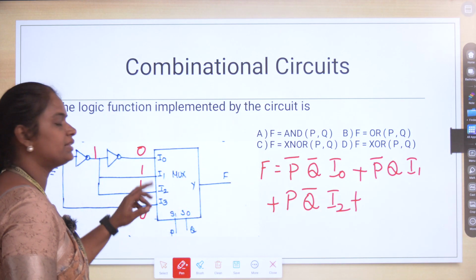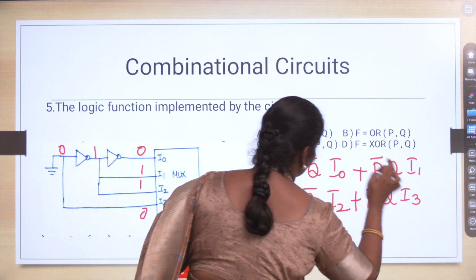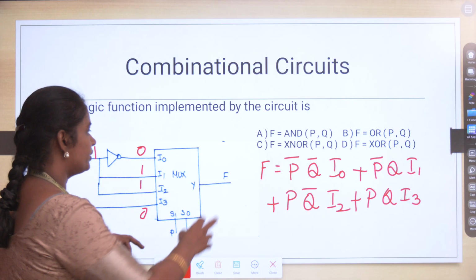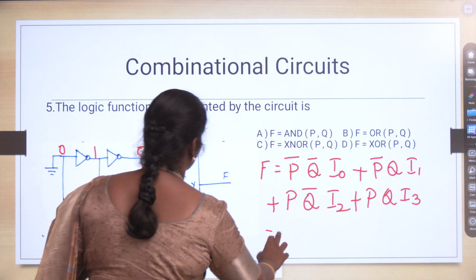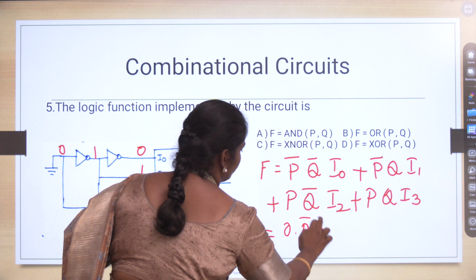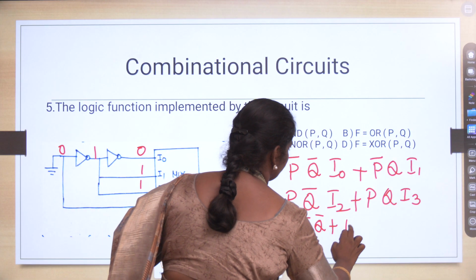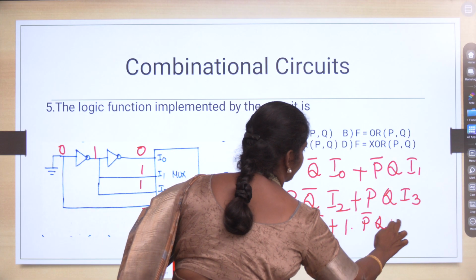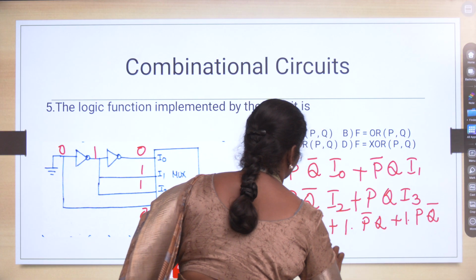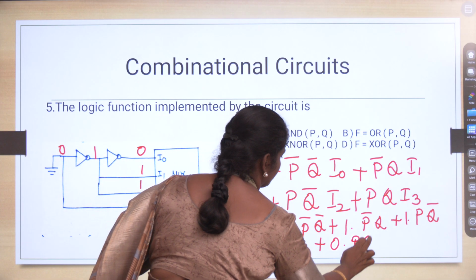If both are 1, I3 will be selected, that is P Q into I3. Now we can substitute the values of I0, I1, I2, I3. Here the I0 value is nothing but 0, so 0 into P bar Q bar; I1 and I2 both are 1, so you can write 1 into P bar Q plus 1 into P Q bar plus I3, which is 0, so 0 into PQ.